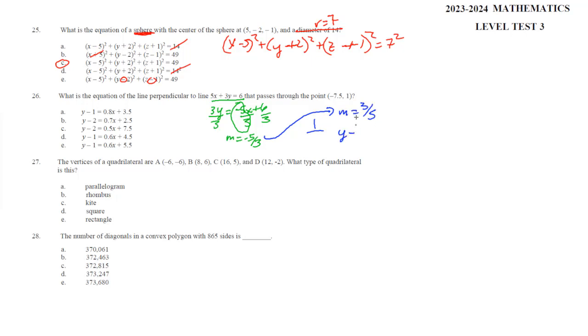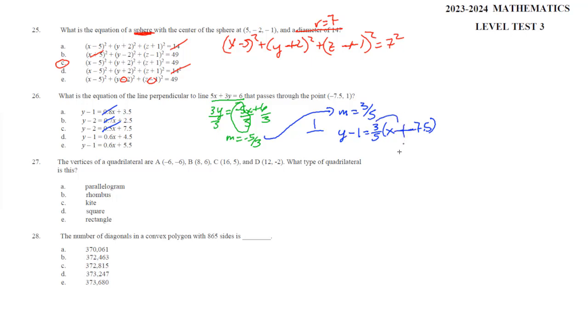So that's y minus 1 equals 3/5 times (x minus a negative 7.5). Now, you could go down through here. 3/5 is 0.6. So that one's wrong, that one's wrong, that one is wrong. So we already know it's down to there. Oh, it had it in this form. Wow, that's pretty cool.